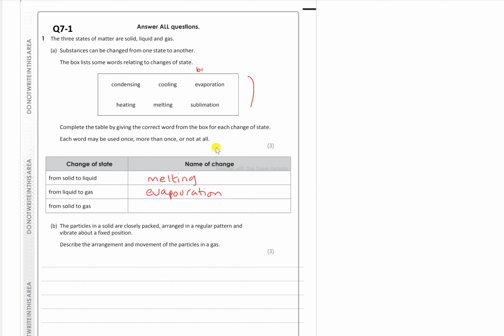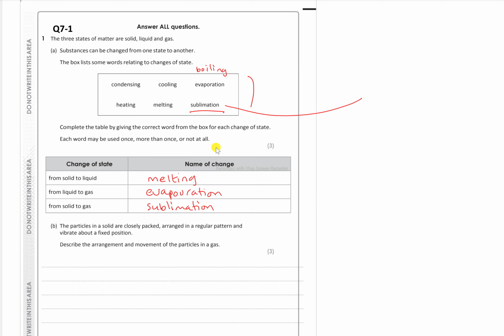Because they didn't put boiling, when you go from liquid to gas, another way of doing that is through evaporation, and then from solid straight to gas, it's called sublimation.